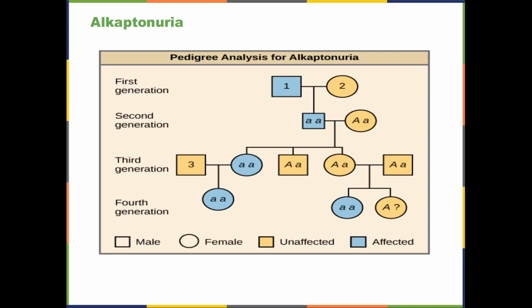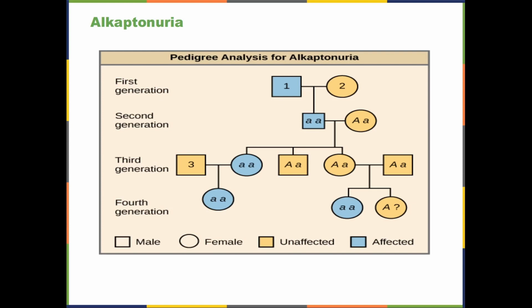All right, so this is an inheritable disease, alkaptonuria. It causes various symptoms: dark urine and some discoloration of skin, some kidney problems as well. Looking at this example, in this first generation, we have an affected male.